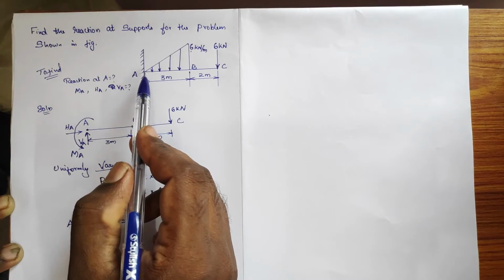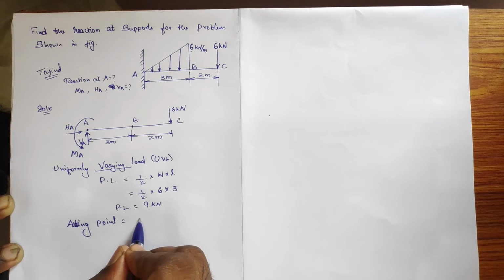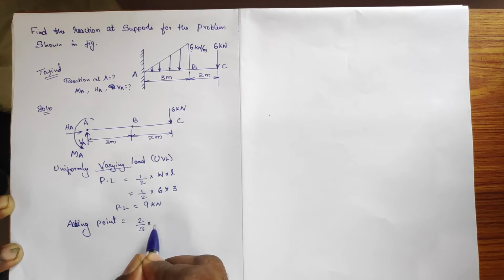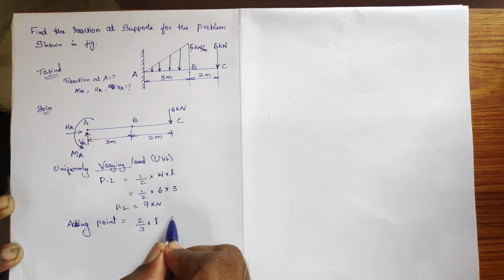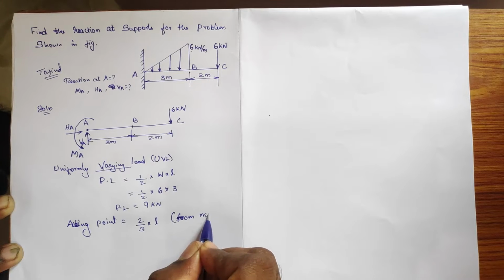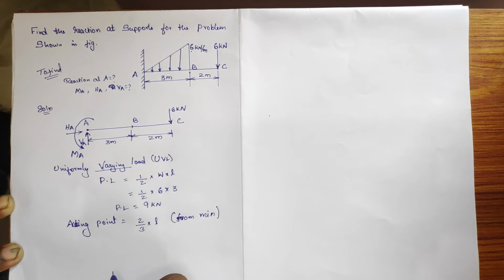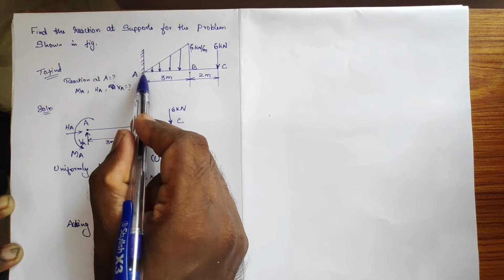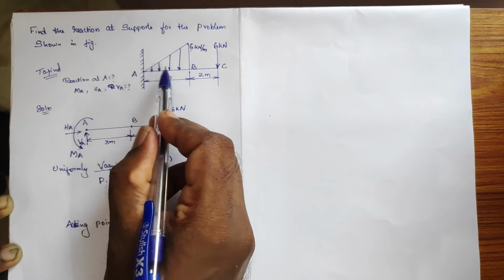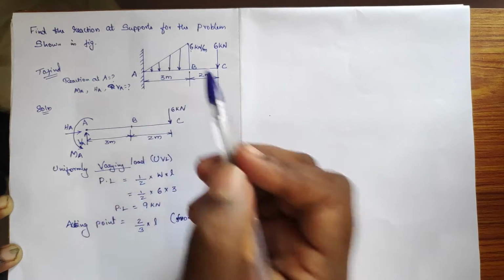If you are measuring from the minimum, it will be 2 by 3 of its length. If it is from the maximum, it will be 1 by 3 of its length. So here I am going to place it from the minimum side. This is the minimum, this is the maximum. If you are locating from here, it will be 2 by 3. If you are locating from here, it will be 1 by 3.